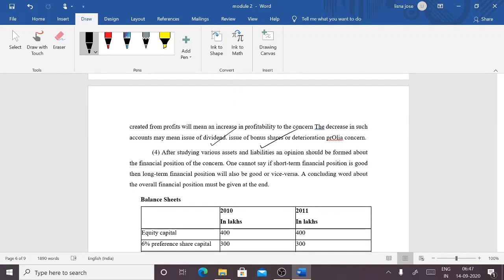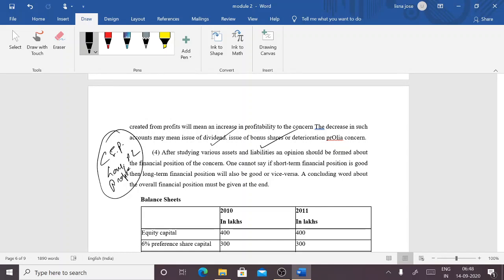Then after studying all these items like current financial position, then long-term financial position, and profitability position, these three things we need to interpret. And after that, what we need to say? We need to mention the final interpretation, like whether the financial position of the company is favorable or not.